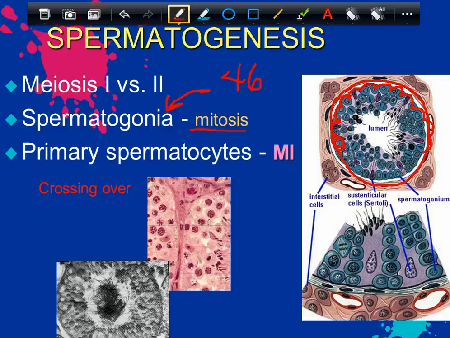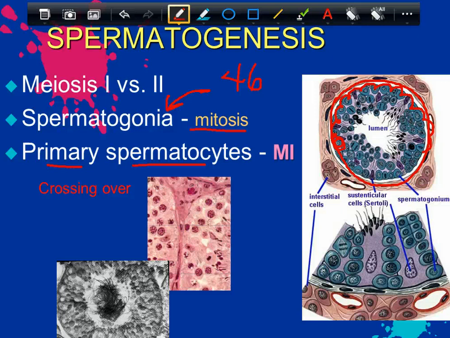Each spermatogonium undergoes mitosis and makes 2 primary spermatocytes. It's the primary spermatocytes that begin meiosis 1. The primary spermatocytes are 46 chromosomes. We haven't done meiosis 1 yet. They haven't reduced their chromosome number. It's the primary spermatocytes in which crossing over occurs, because it happens in meiosis 1.